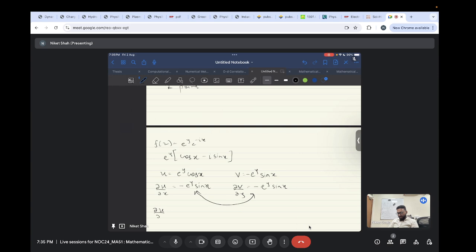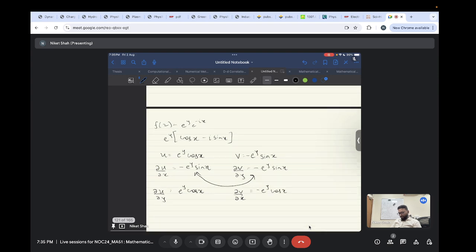Del u by del y is equal to e power y cos x. Del v by del x is equal to minus e raised to power y cos x. Therefore, del u by del y is equal to minus del v by del x.